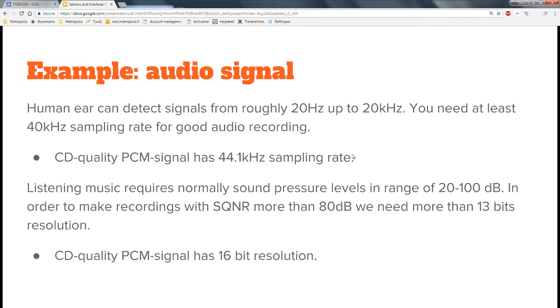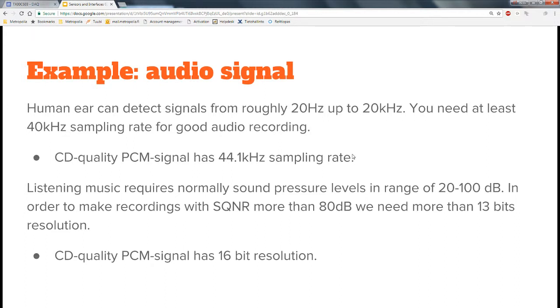So for historical reasons, that's the 44.1 kilohertz sampling rate, and basically, the audio signals are acoustic pressure signals, and the sound pressure level range is about from 20 to 100 dB.